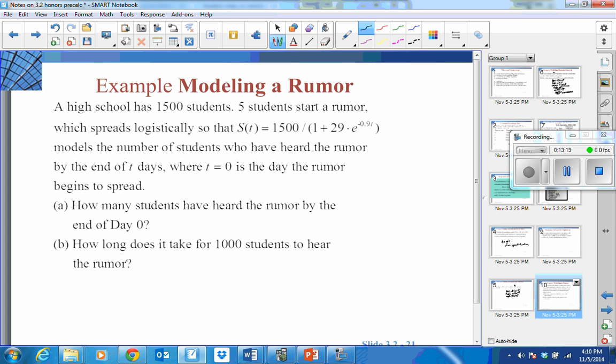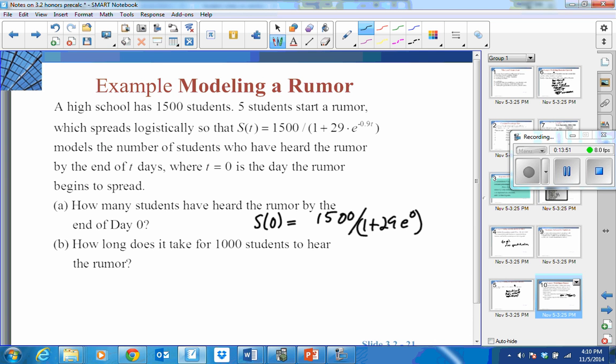So it models the number of students who have heard the rumor by the end of t days, where t is 0 the day the rumor begins to spread. So how many students have heard the rumor by the end of day 0? Basically we're looking at S of 0. Well, this is going to be 1,500 divided by 1 plus 29 e to the 0 power.